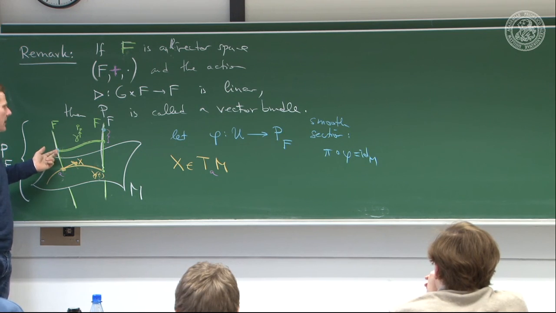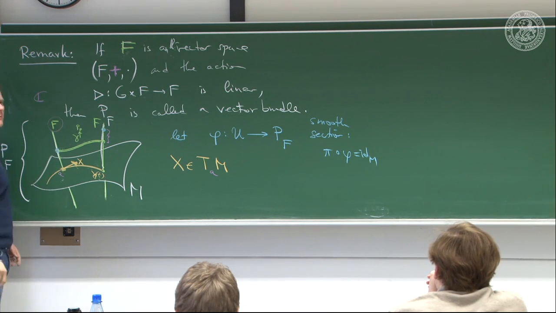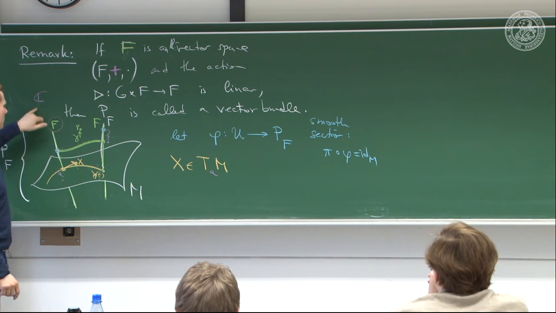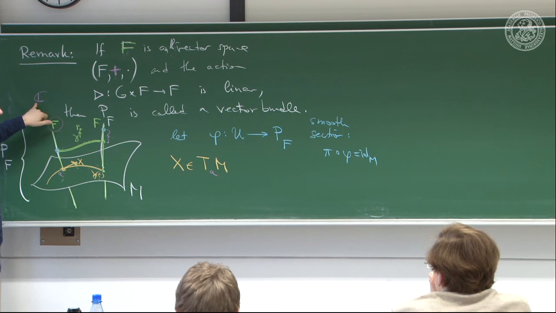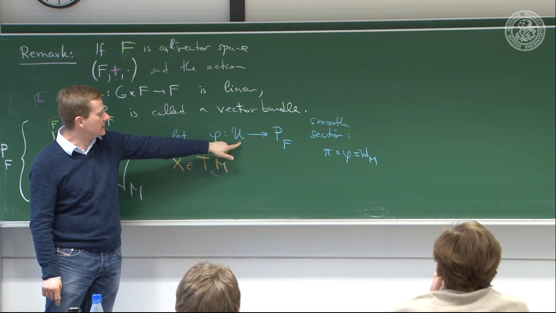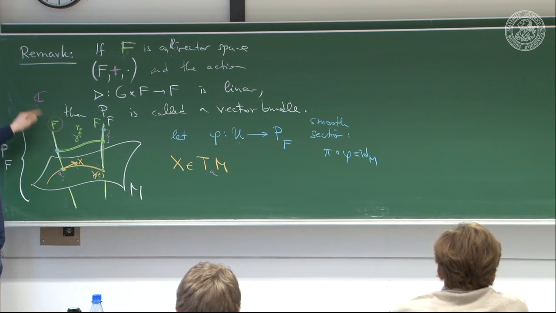But in quantum mechanics, for instance, you might take as this fiber the complex numbers. And then these complex numbers are a vector space, of course, trivially, a complex vector space in that case. And then a wave function can be taken to be a section of this C line bundle, which is just an associated vector bundle here.